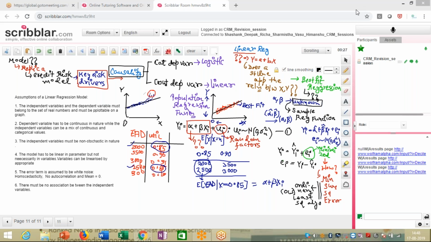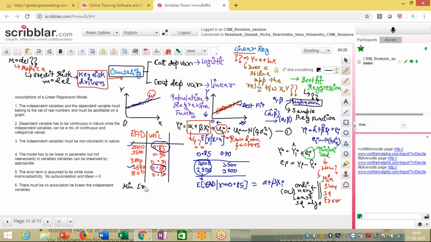Okay, let's get started. Our objective today is to understand the different ways of minimizing the sum of squares of the errors, or minimizing the error component. So what is the error component?